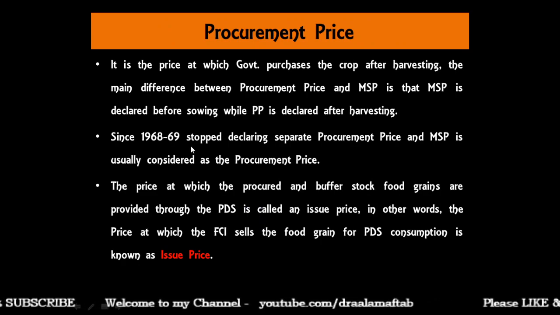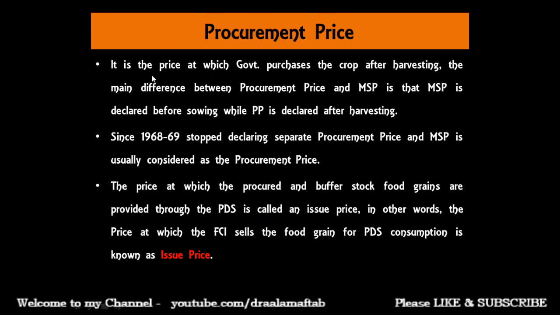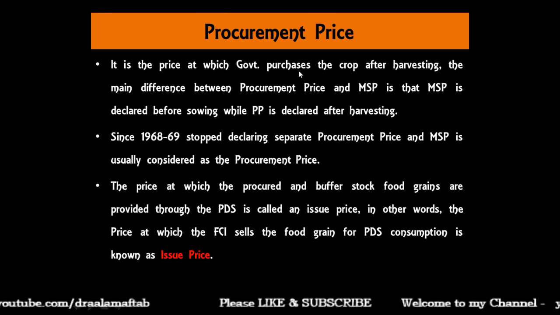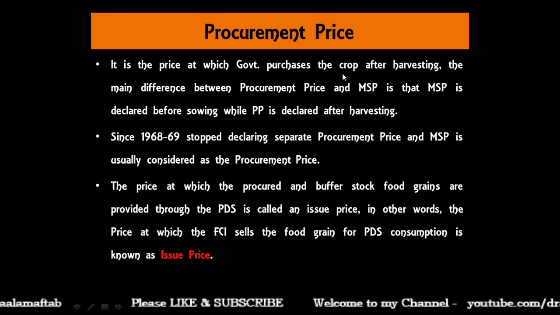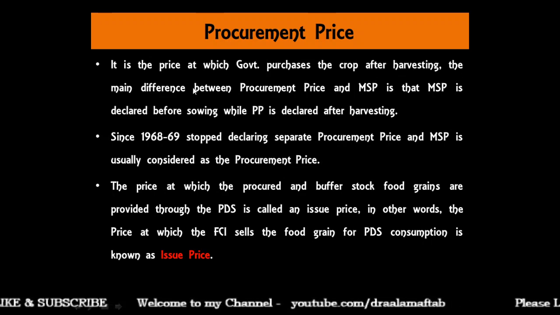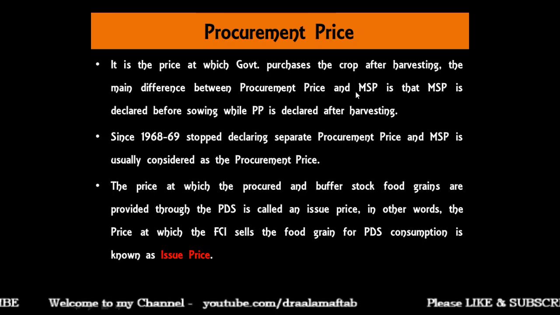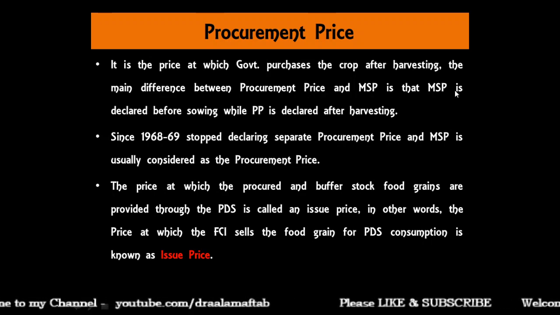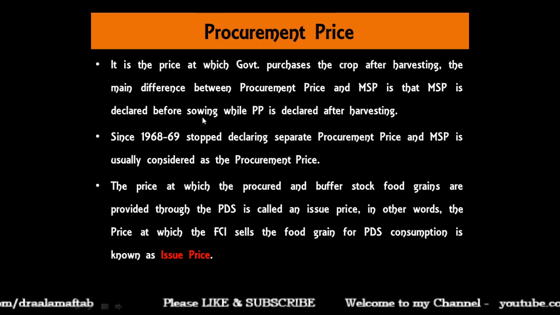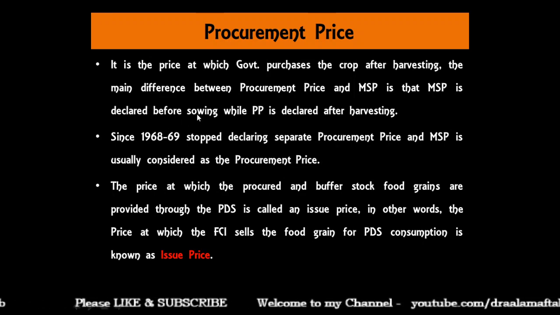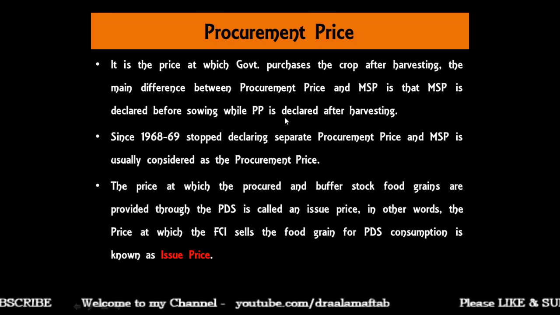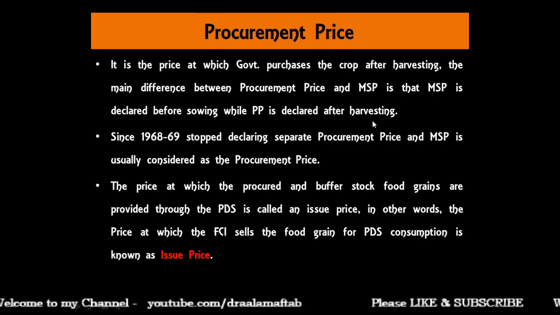Next is procurement price. There is a price called procurement price. It is a price at which government purchases the crop after harvesting. And the main difference between procurement price and MSP is that MSP is announced or declared before the sowing season, before sowing of seeds, while procurement price is declared after the harvesting of crops.